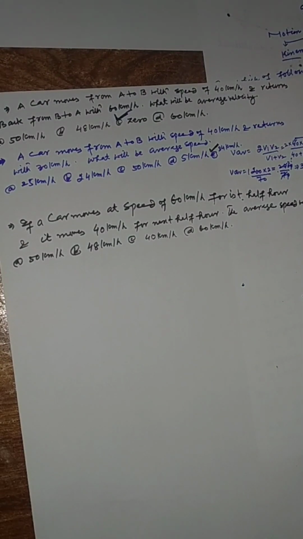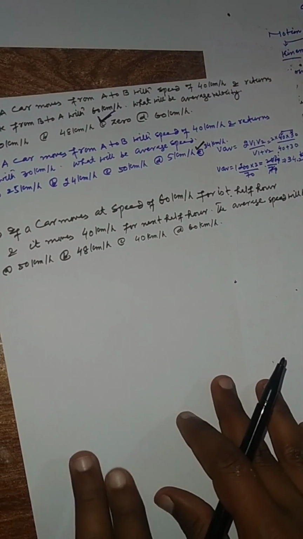So this is another situation in the average speed problems. In the above problems, we have taken the displacement or distance as constant. Here the time is the same for the first half hour and the next half hour. So the body moves for the same time but with different speeds.